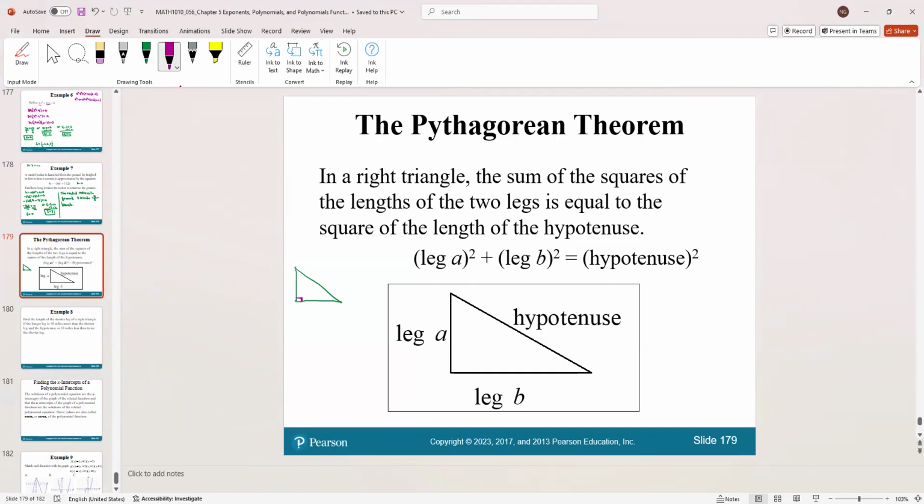The hypotenuse is the diagonal in your right triangle. Now, the Pythagorean theorem says that in a right triangle, the sum of the squares of the lengths of the two legs is equal to the square of the length of the hypotenuse. So we're going to say that a squared plus b squared equals c squared.